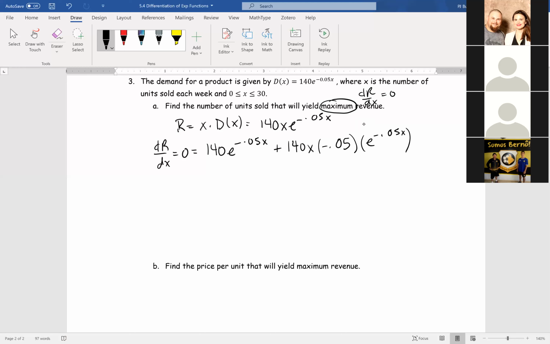Simplifying that equation, I can factor out the 140 e to the minus 0.05x. That leaves me with 1 minus 0.05 times x.